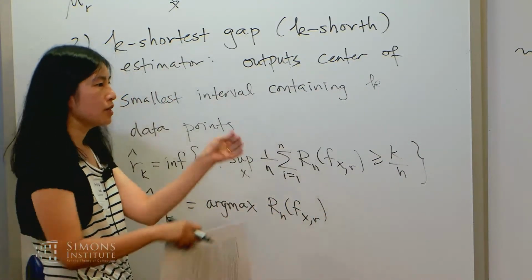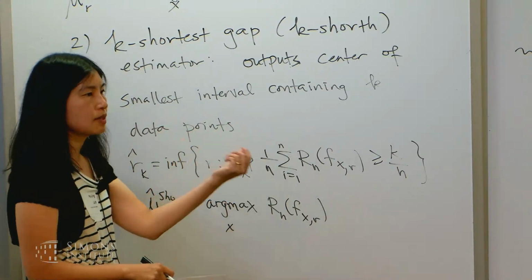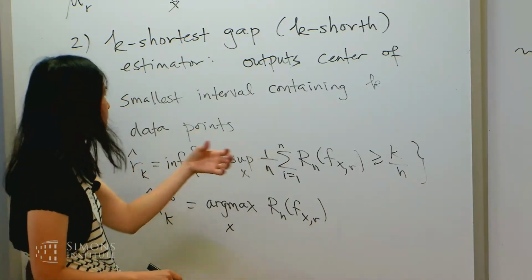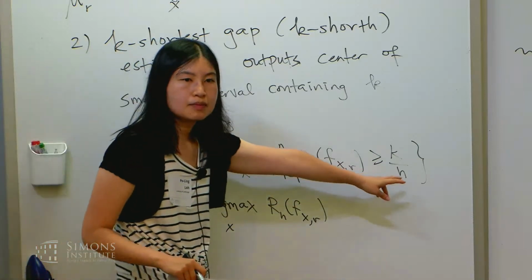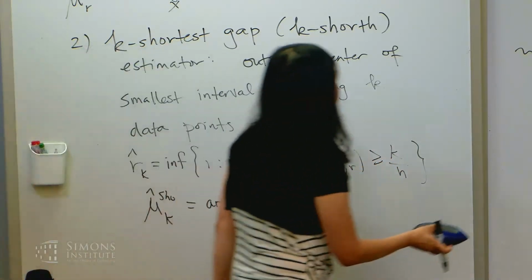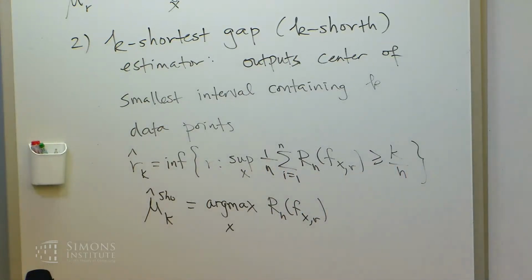So we look at these histograms with bins of length r, and we want to pick up at least k of them. As an example, if k is equal to 2, then you're just looking for the shortest gap between points.